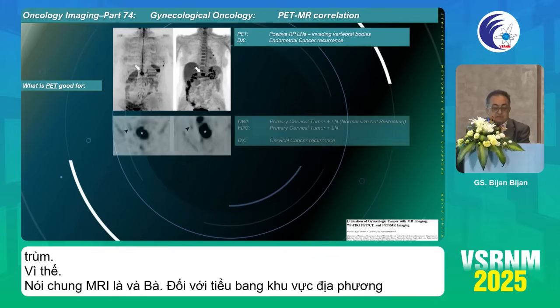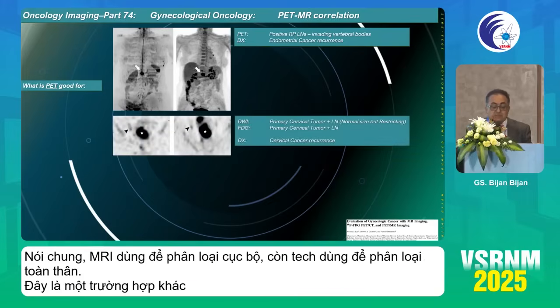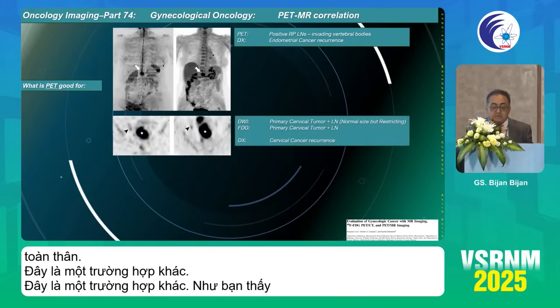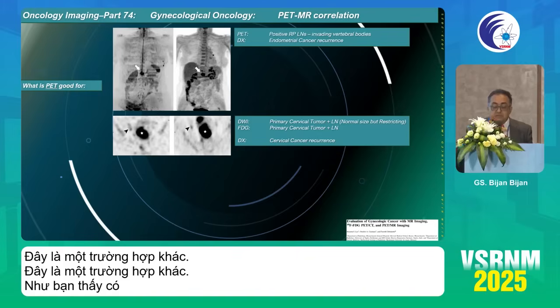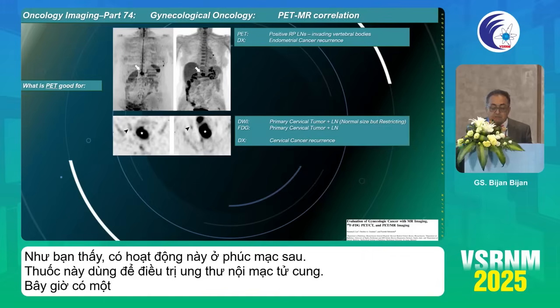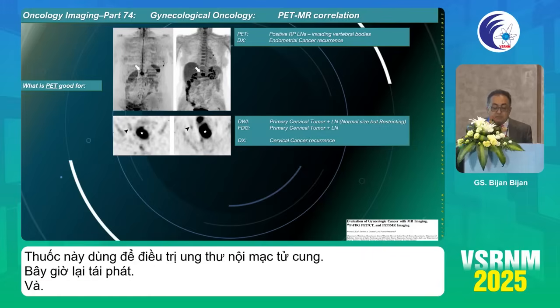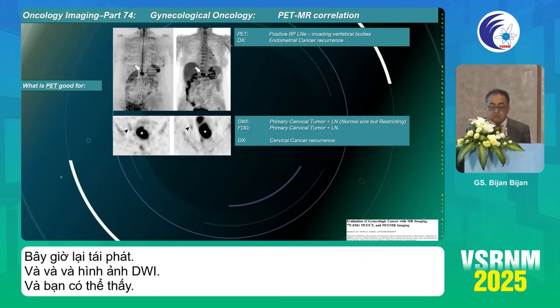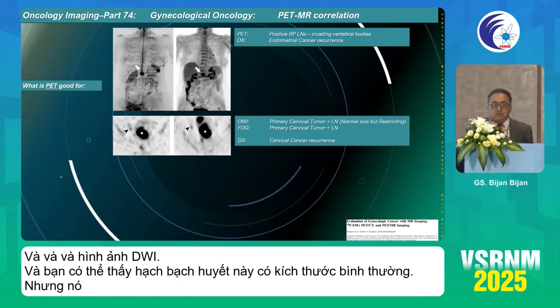This is another case. As you see, there's this activity in the retroperitoneum. This is a patient with endometrial cancer. Now they have a recurrence, and on the DWI images, you can see these lymph nodes, which are normal size, but show restriction on DWI images.